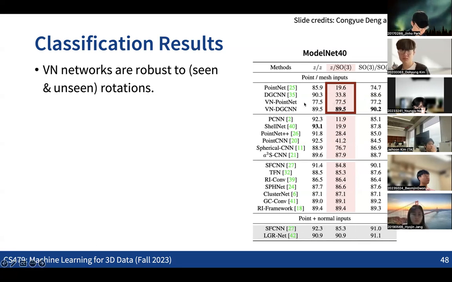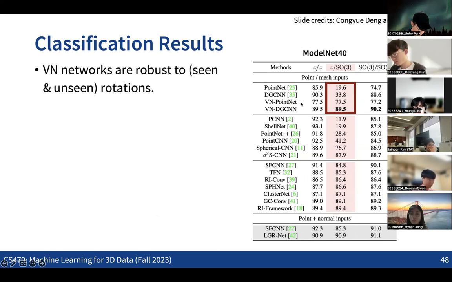But obviously, in the case of the PointNet and the DGCNN transformed with the vector neuron layers, these 2 accuracies should be exactly the same, right? Because as you can see, these 2 are the first column and the second column. These 2 are the cases where the network was trained in exactly the same way, using the same set of training data, but only the test set was changed.